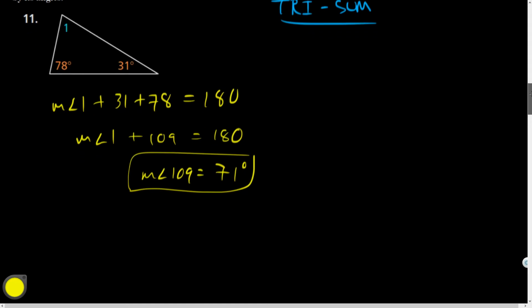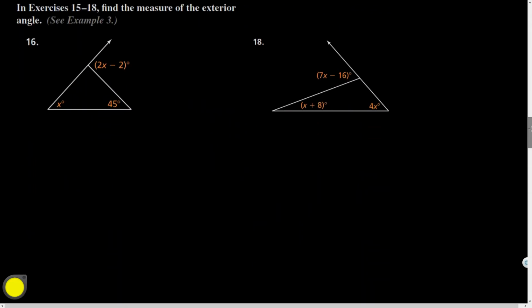All right, exterior angles theorem. You guys got these in your theorem packets. The exterior angle theorem says that the two remote interior angles add up to be the exterior angle. So, according to the exterior angle theorem, I could say 2x minus 2.